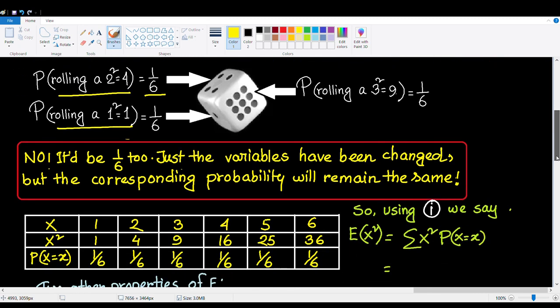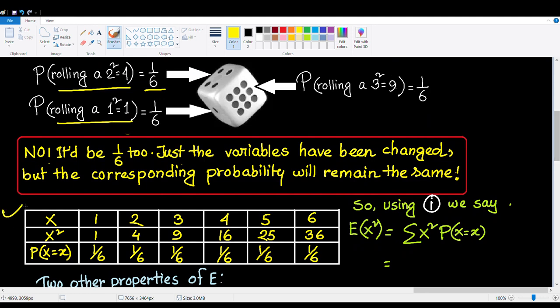So let's see the distribution here. So this is the distribution. Here you see the random variables of X in the chart, and the variables in X squared are also written here, and the corresponding probabilities for each of the variables remain the same, which is 1 by 6 for all of them. Therefore, E of X squared would be the summation of x squared p of x over x.